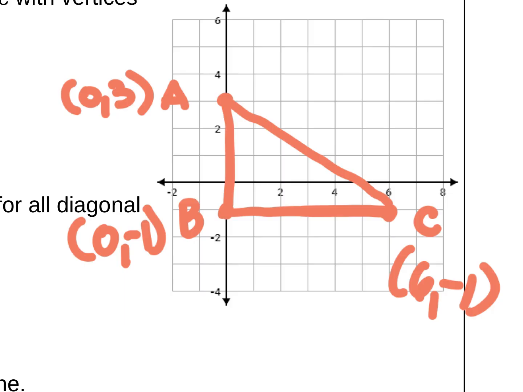We can just count and see how many units long that one is. It's 4. So what's half of 4? 2. So we would go down 1, 2. And the midpoint would be right there. What point would you say that is? (0, 1). Yep, (0, 1). That is the midpoint.